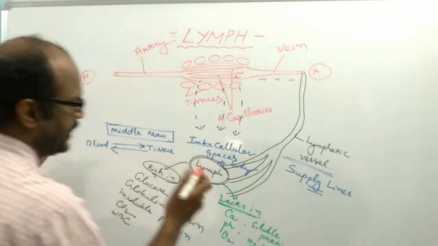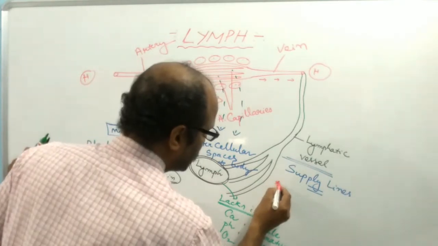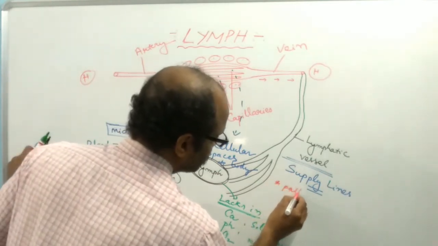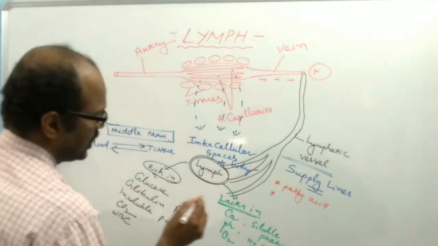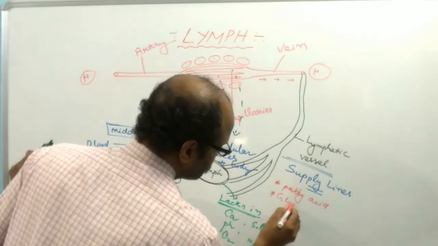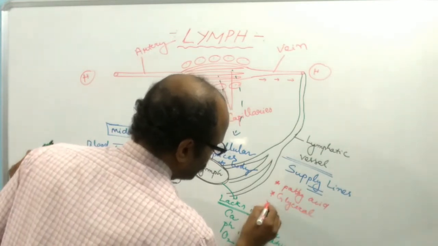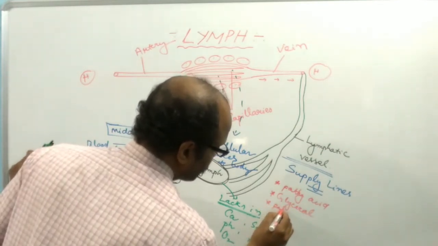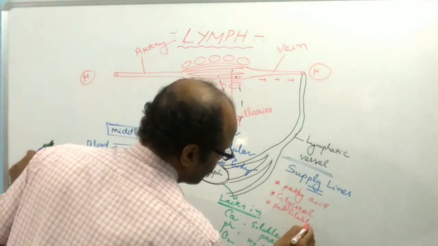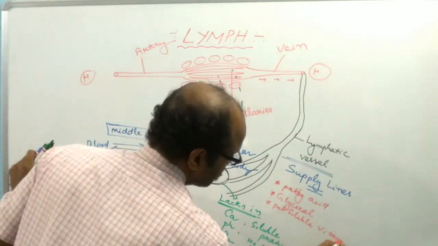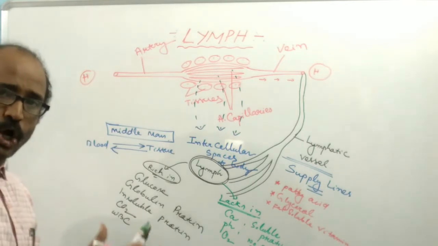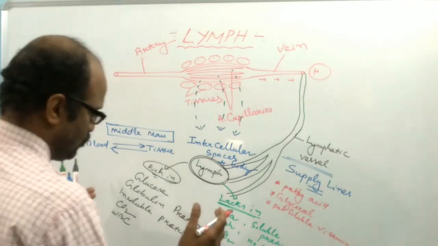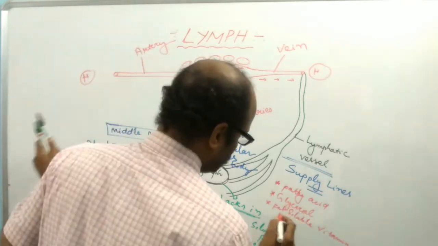It distributes or transports fatty acids, glycerol and fat soluble vitamins, and such lymph also maintains the blood volume.